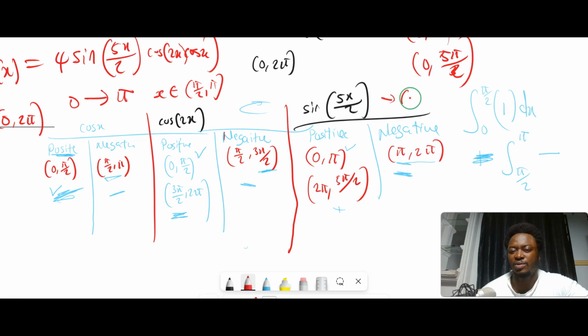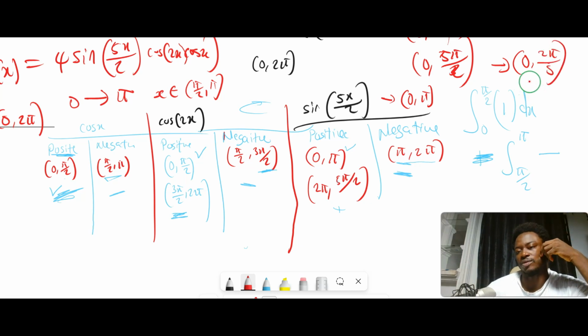If it is mapped to 0 to pi, then this interval will be mapped to 0 and 2 pi over 5. So we need to consider 0 to 2 pi over 5, then from 2 pi over 5 to pi over 2. So it will be considering the integral from 0 to 2 pi over 5, but that is the smallest angle.